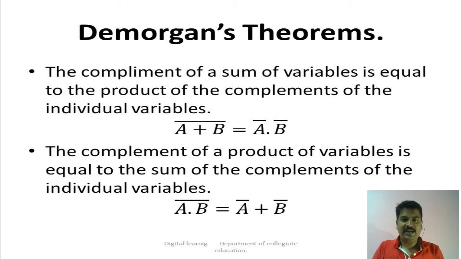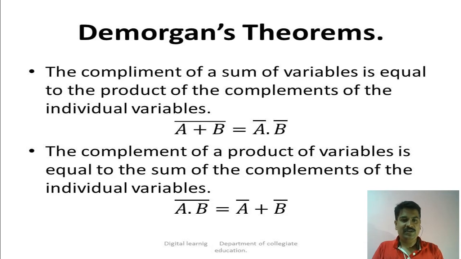So we'll move on to the second De Morgan's theorem, and it says that the complement of product of variables is equal to sum of the complements of the individual variables. This is the equation which represents this De Morgan's second law.